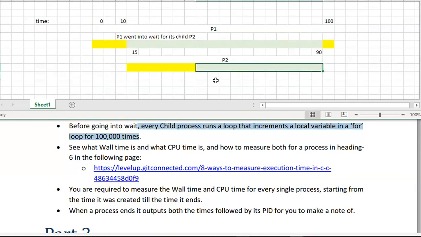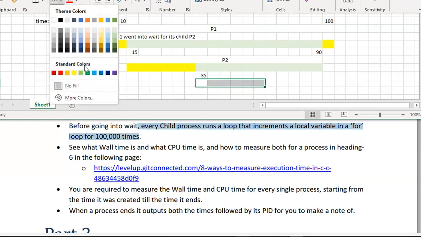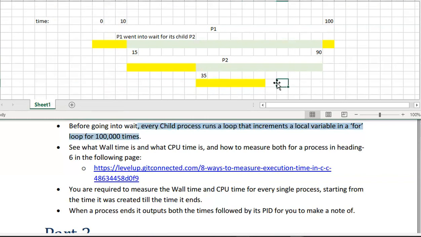So then, for example, P2 forks another child, and from here you see that at, for example, 35, a new process starts, and again the new process goes into a loop for 200,000 times, and P2 has to wait for this process P3, right?